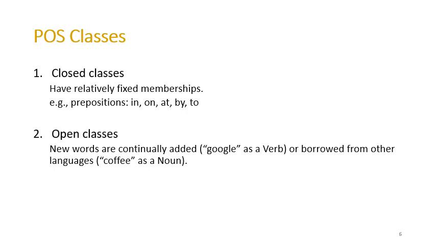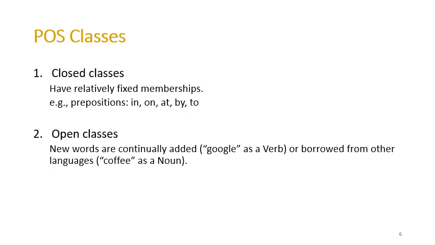These classes have relatively fixed memberships. For example, in prepositions, you have in, on, at, by, to, and so on, but you rarely or almost never have a new preposition suddenly introduced or suddenly trending, like, hey, this is a new preposition. No, that doesn't happen, or very rarely.